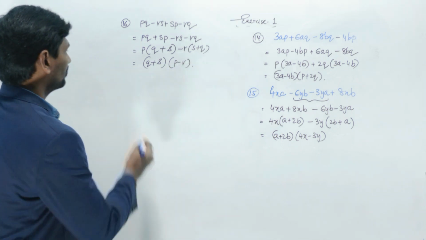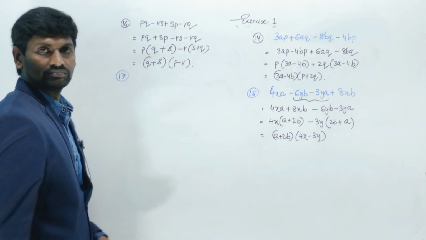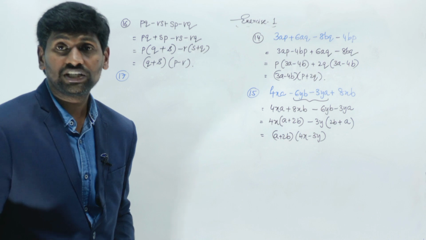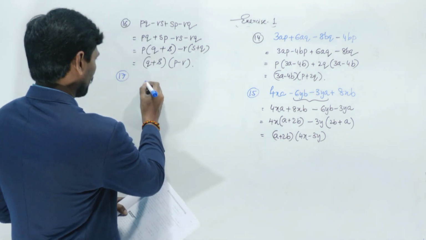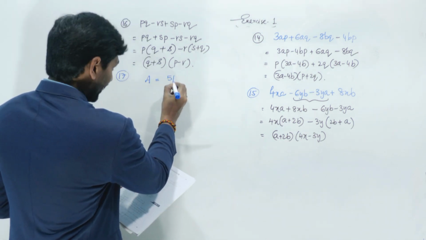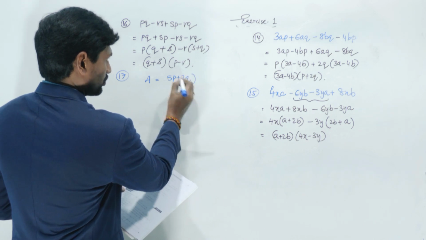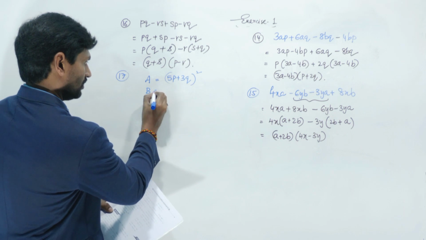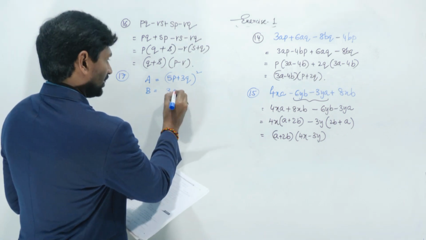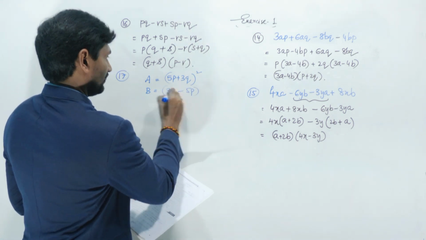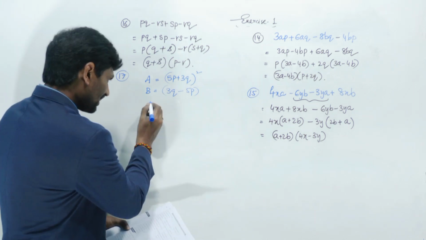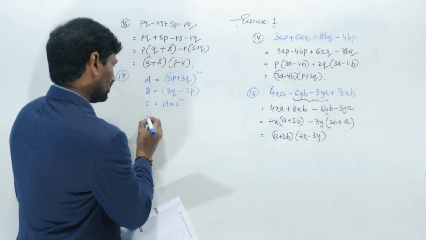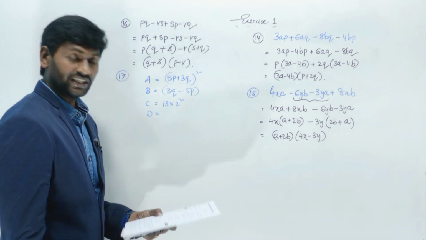Okay, now question number 17. That is A value, B value, C value, D value. 4 values are given. A is 5P plus 3Q whole square. B value, 3Q minus 5P. Okay? C value 13 into 2 square and D value 13 into 3 square.